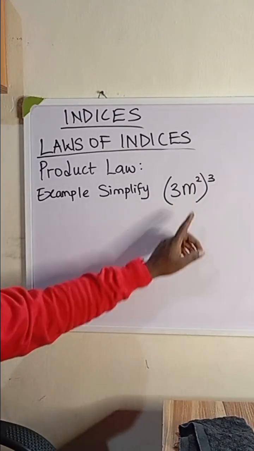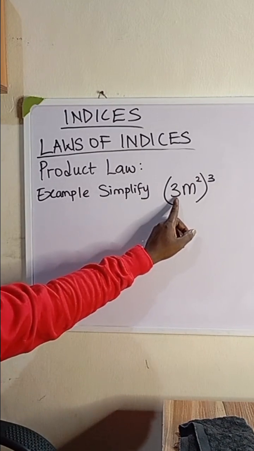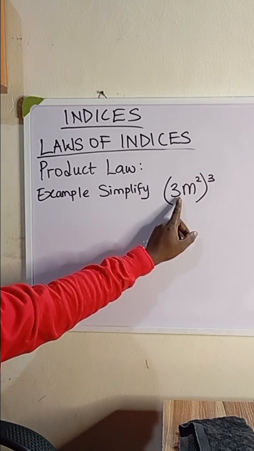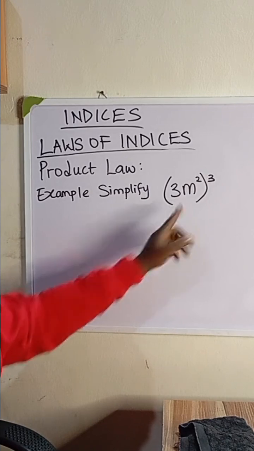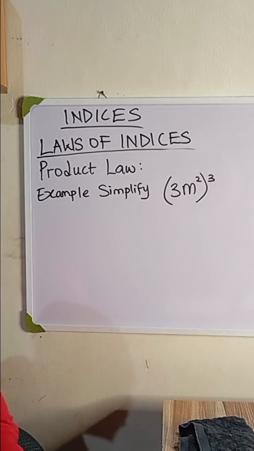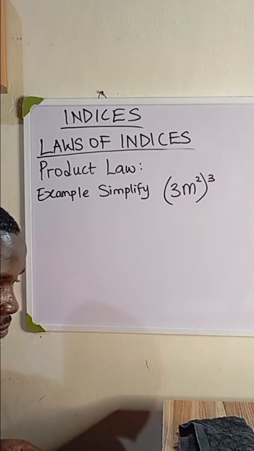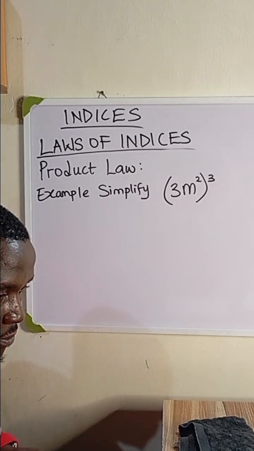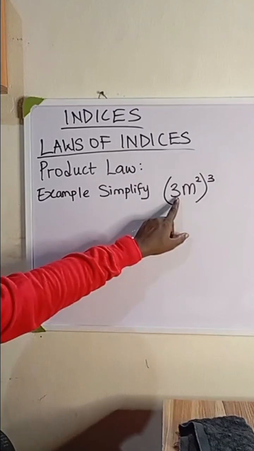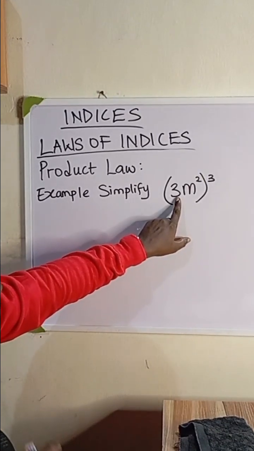Does anybody know? 3 is the same thing as 3 to the power of what? 1, exactly 1. So whenever you don't see the exponent, you know that the exponent there is 1.